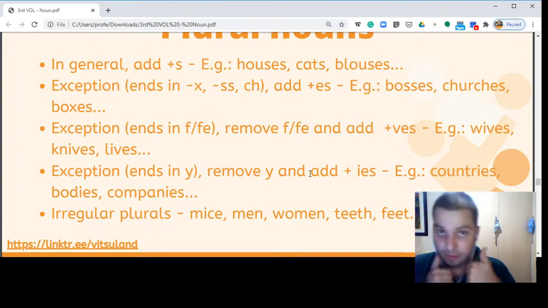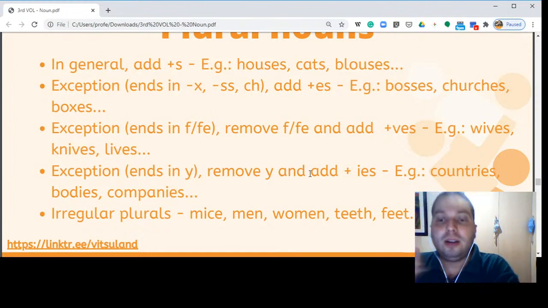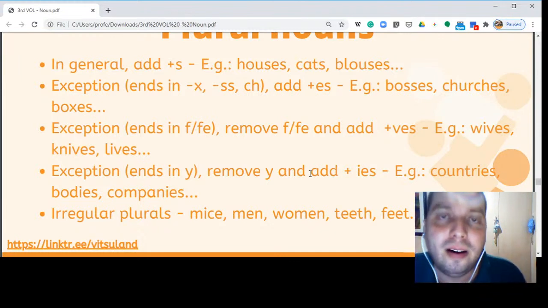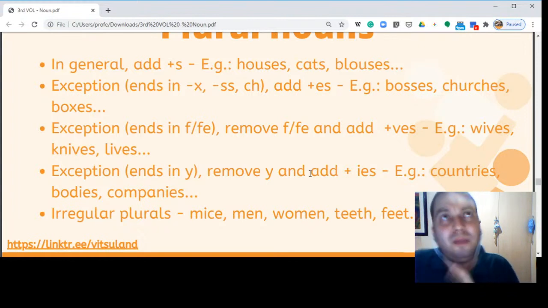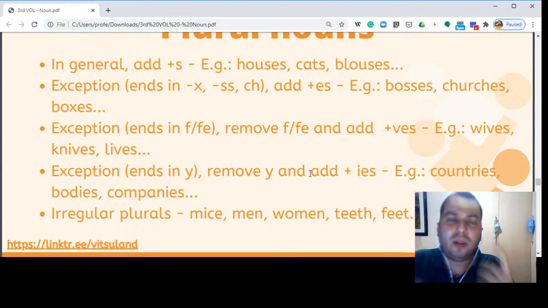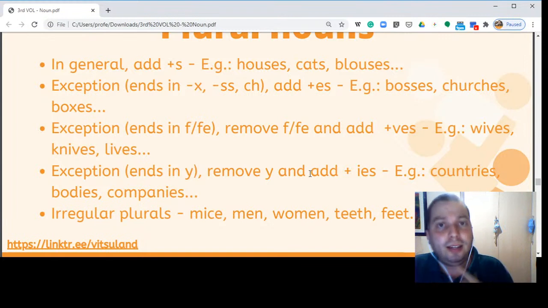Women. Okay. So tooth becomes teeth, foot, feet. Okay. So these are some irregular nouns. Some nouns that are different from their original words, okay? So when you are writing, pay attention to this, try to remember.